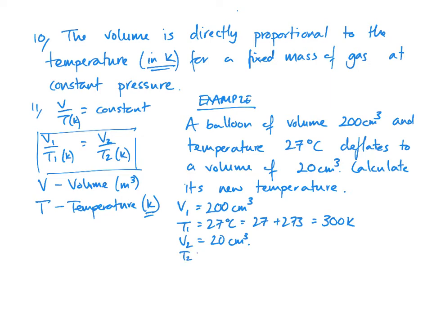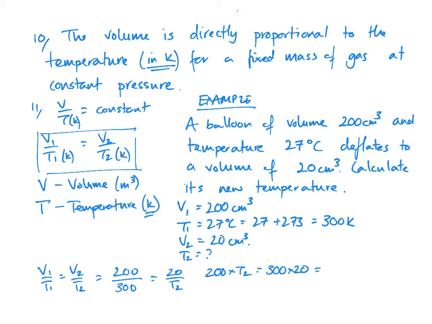So I'm going to have to work across the way again. We get 200 over 300 equals 20 over T2. Cross multiply again, 200 times T2 equals 300 times 20, which I can just calculate that bit, is 6,000.